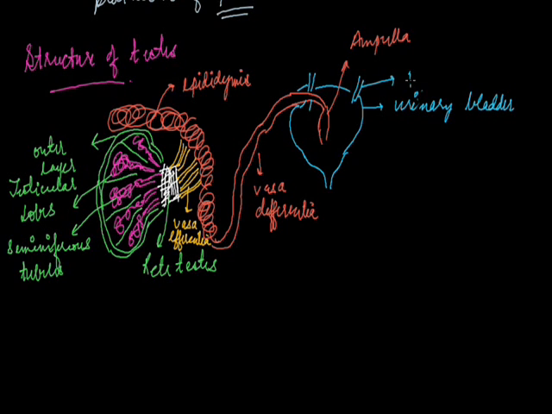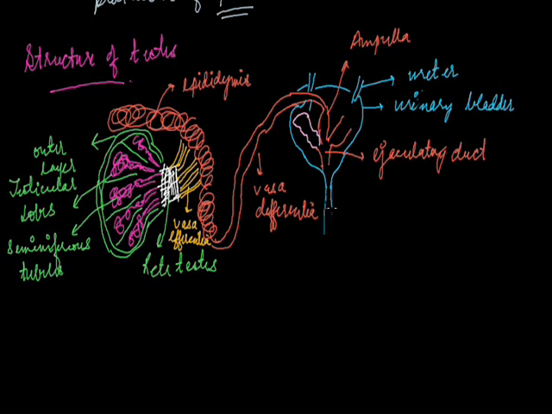These are the ureters. Here near the urinary bladder, the gland known as the seminal vesicle is also present. These two join here and form an ejaculatory duct.